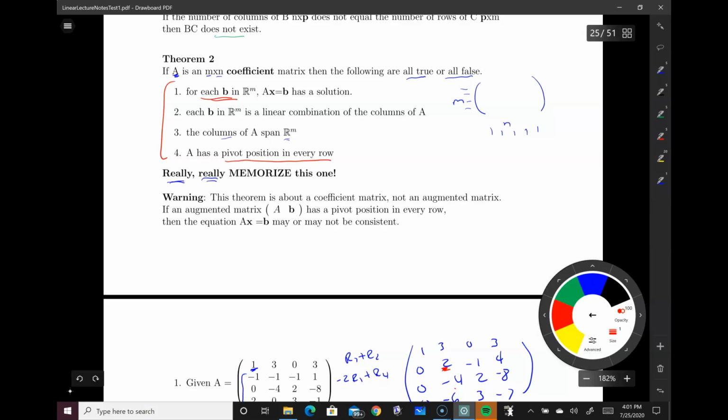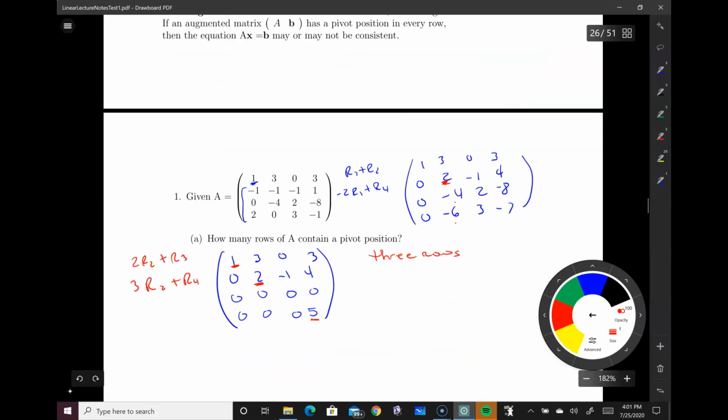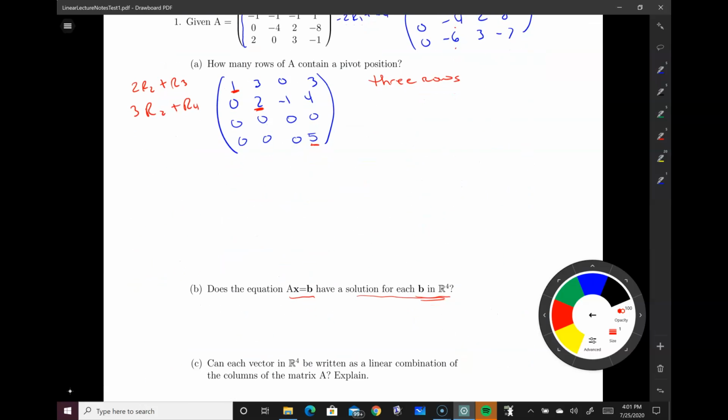For every b, this thing has a solution. So since I do not, the answer is no, I do not, since there is not a pivot in each row of the matrix A.